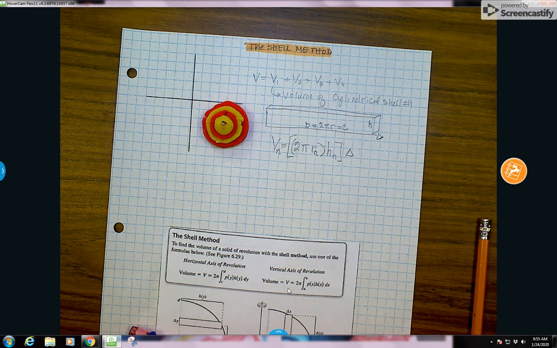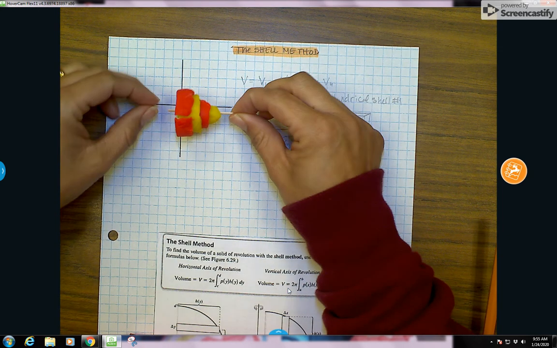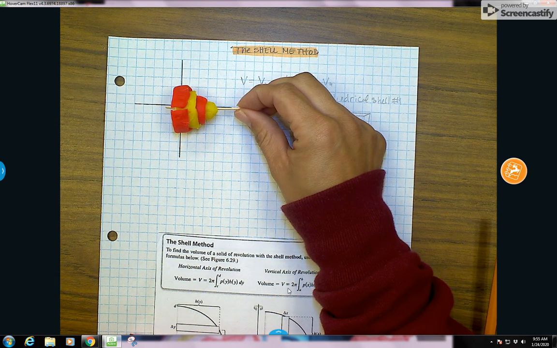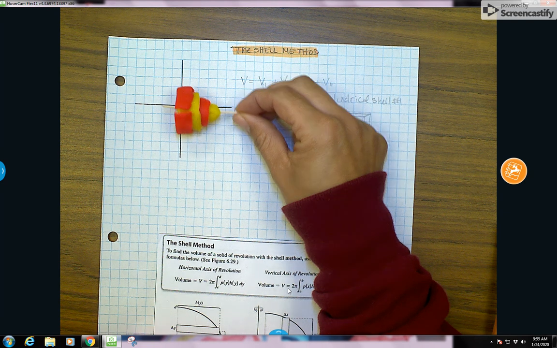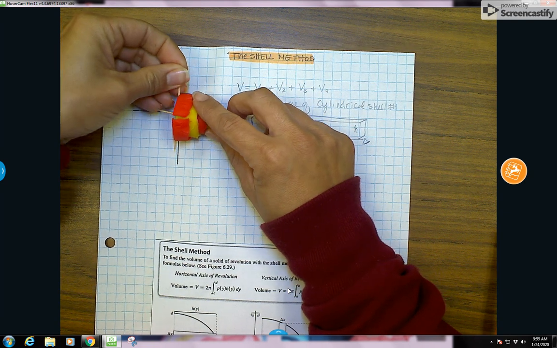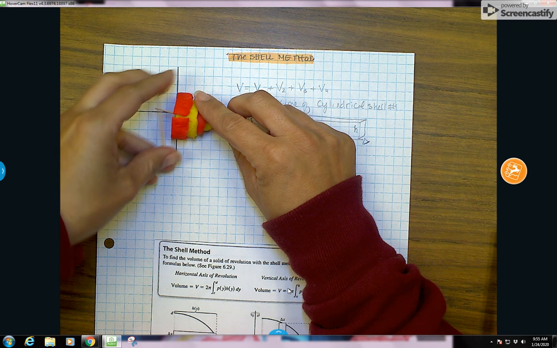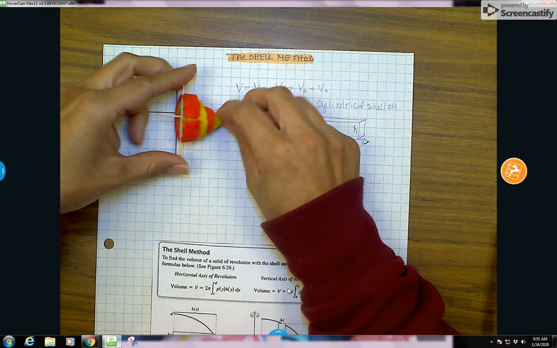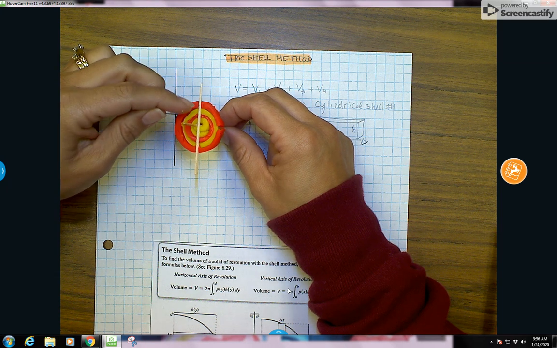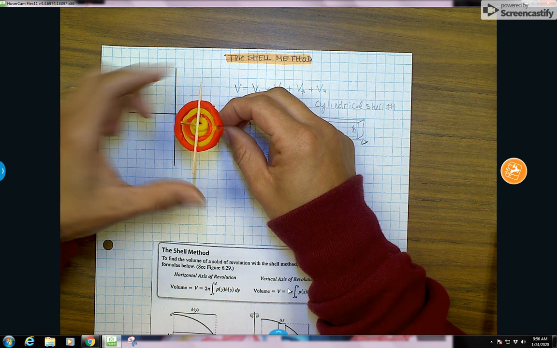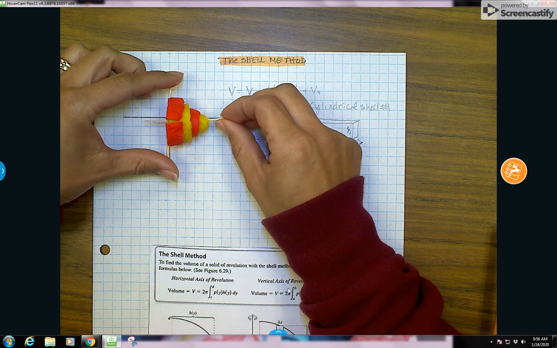So now let's figure out how we would determine if we're going to have it in terms of x or in terms of y. So if you look, if I have it rotated about the x-axis, and I create a y-axis like so, then you can see that the thickness of each one of those shells is measured off of the y-axis.